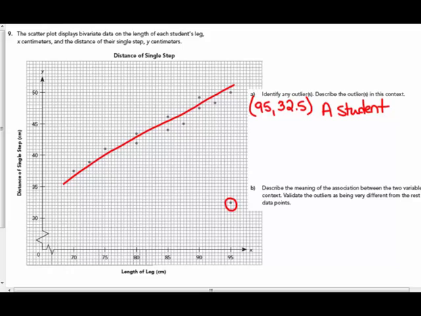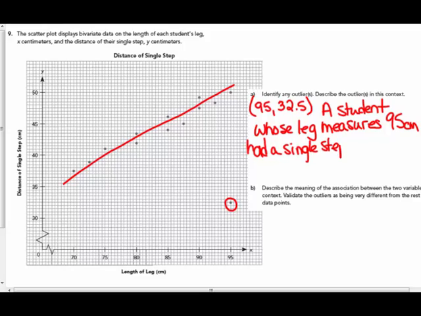A student whose leg measures 95 centimeters had a single step distance of 32 and a half centimeters.